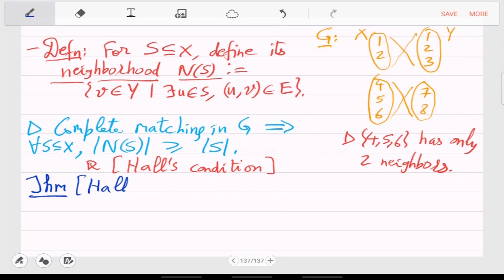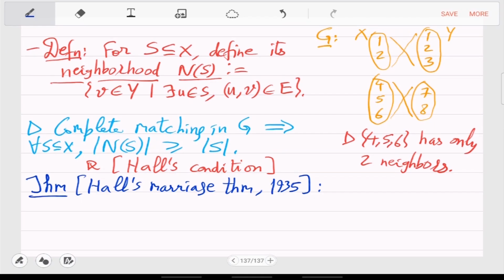So it's called Hall's marriage theorem. It doesn't refer to Hall's marriage himself, but just that you can model questions of preferences in marriage also as this bipartite graph.